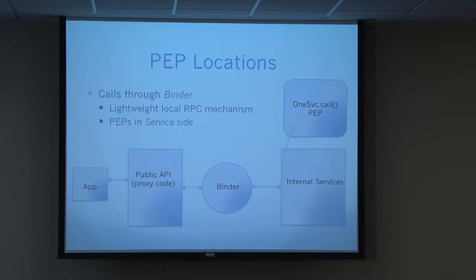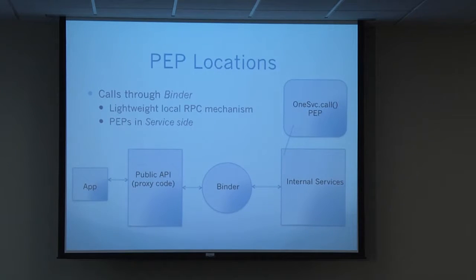And you can see here, you have your application over there on the left, and it's using the Android API. And within the Android API, there's some proxies there for certain methods, such as Bluetooth, things of that nature. And what happens is that you'll call, say, a Bluetooth getName function, and it'll dispatch a call into the binder and asynchronously get picked up by the Bluetooth service and actually execute that call.